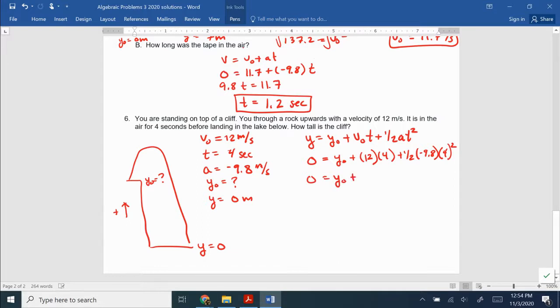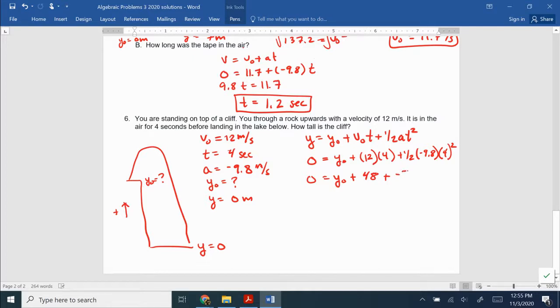So 12 times 4 is 48. We have 0.5 times 9.8 times 4 squared. It's going to give you negative 78.4 because of the negative sign.